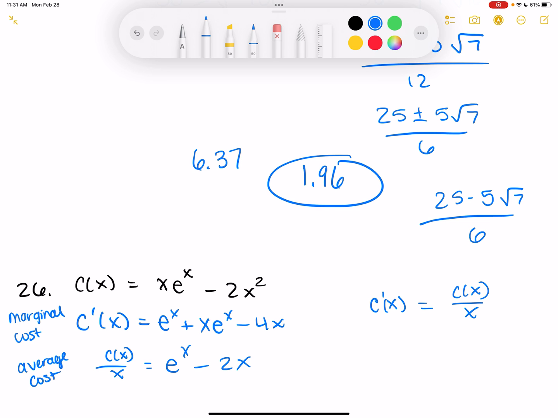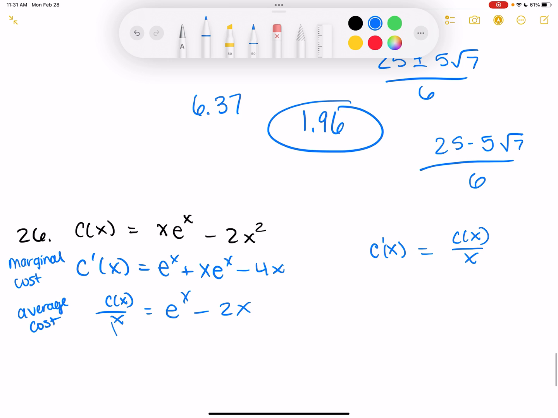So now we can set these two things equal to each other. e to the x plus x e to the x minus 4x is equal to e to the x minus 2x. Because I thought we were taking something like the other one.